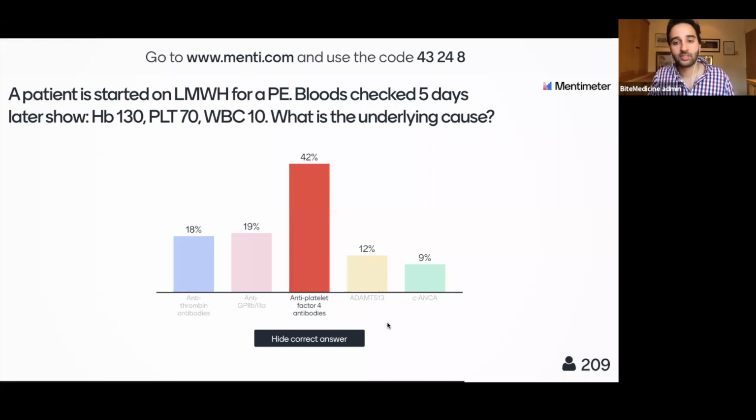ADAMTS13 is associated with thrombotic thrombocytopenic purpura, TTP. We're definitely going to do teaching on hematology because I know people really find this complicated. And then C-ANCA is an autoantibody seen in granulomatosis with polyangiitis, what was previously known as Wegener's, which is a vasculitis.